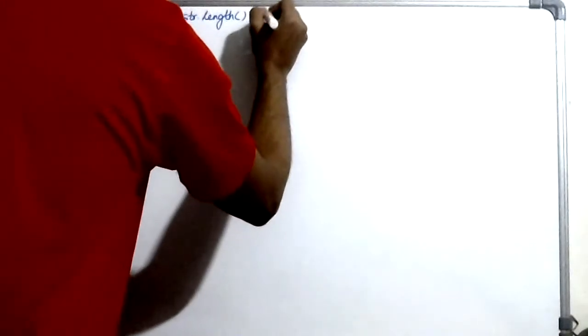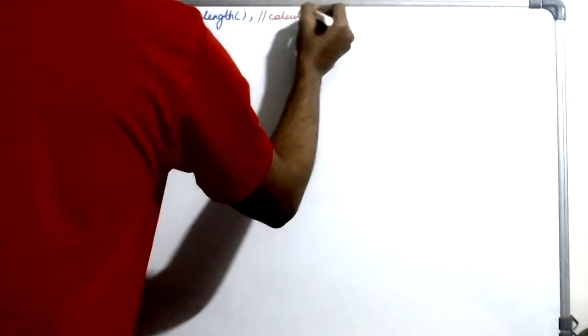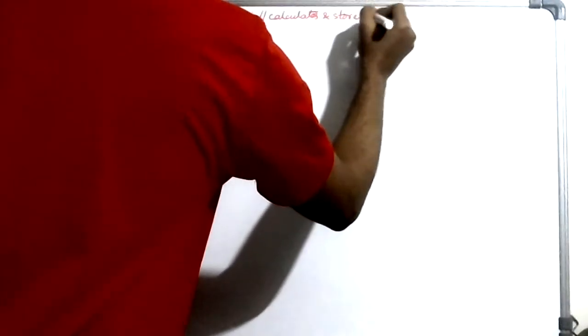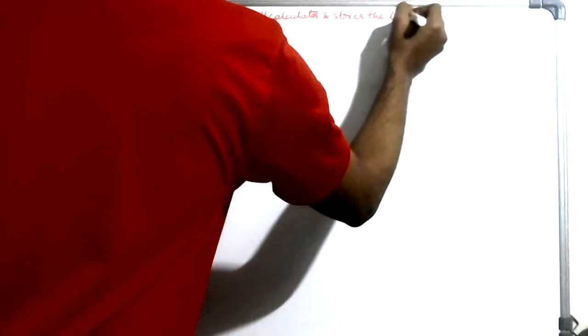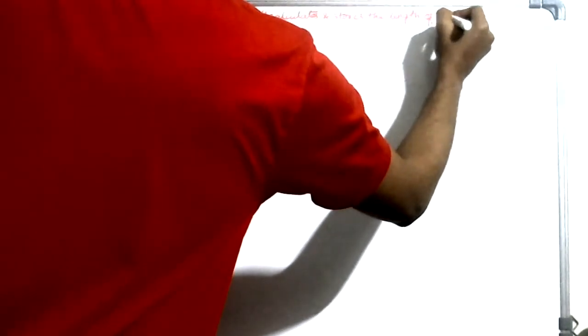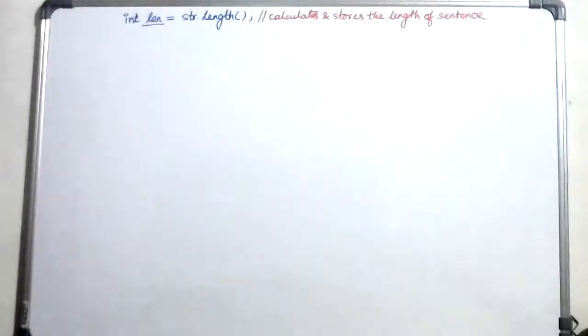So the length variable basically calculates and stores the length of the sentence. So it calculates and stores the length of the sentence in the len variable. So we call the str.length function.